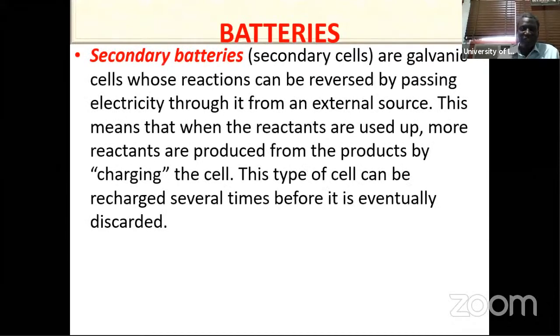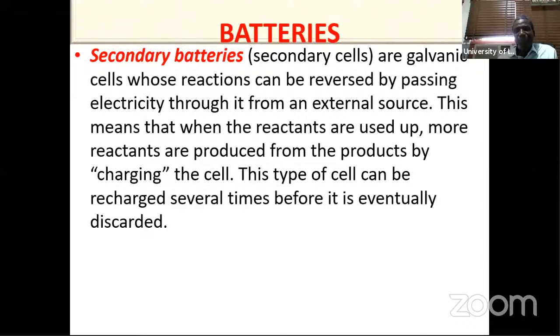Then the secondary cells, they are also galvanic cells. But in this case, the reactions that they use to produce electricity can be reversed. That means you can apply electricity and reverse that reaction. And that process is what we call charging. And that recharging can be done several times before the battery will be weakened and then you discard it.